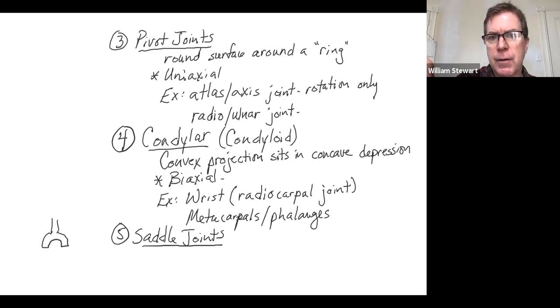I should have drawn that one actually going up so it looks like a saddle. The other one has some sort of a bone that sits in that saddle like this. These are biaxial, so they move in more than one plane or axis.